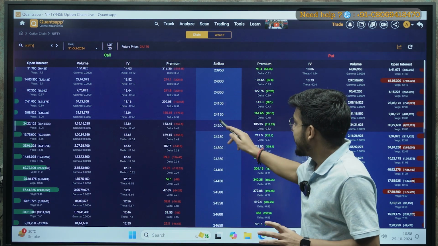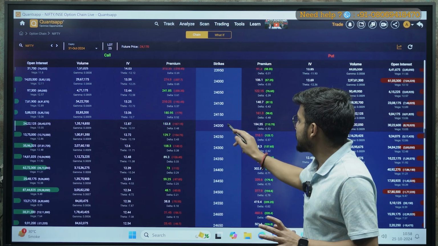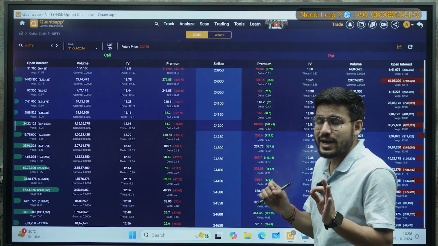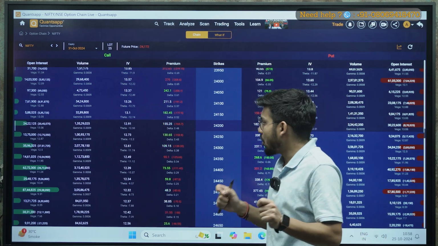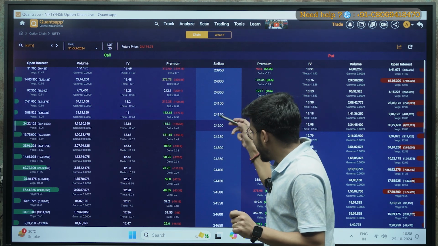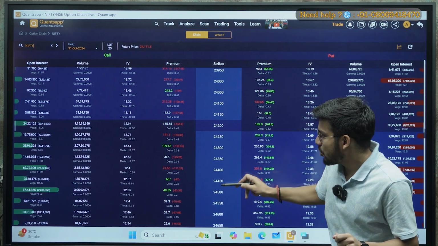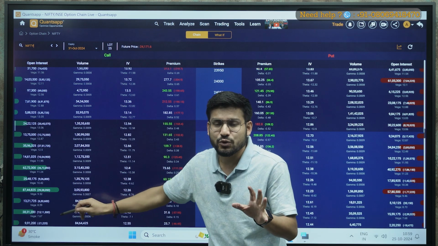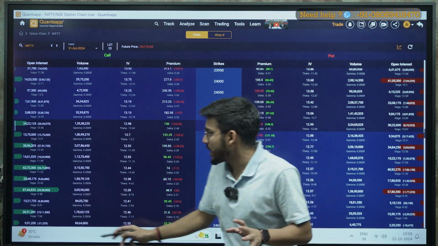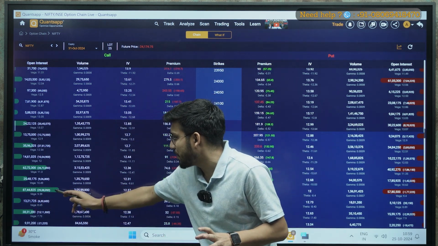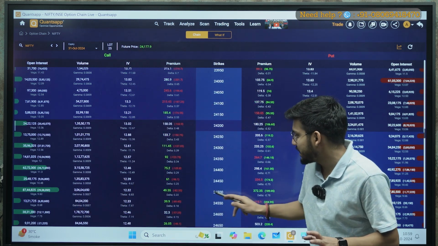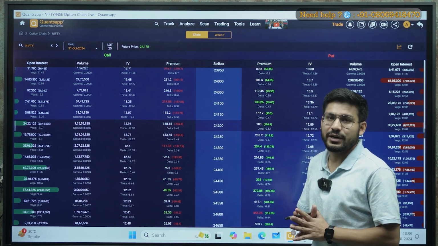Now if I am analyzing Nifty, from 24,200, that is my ATM strike price, if I go above here, I don't have to see all the numbers here, right? I can see there is a very big green bar here, and this is at the strike price of 24,500, right?